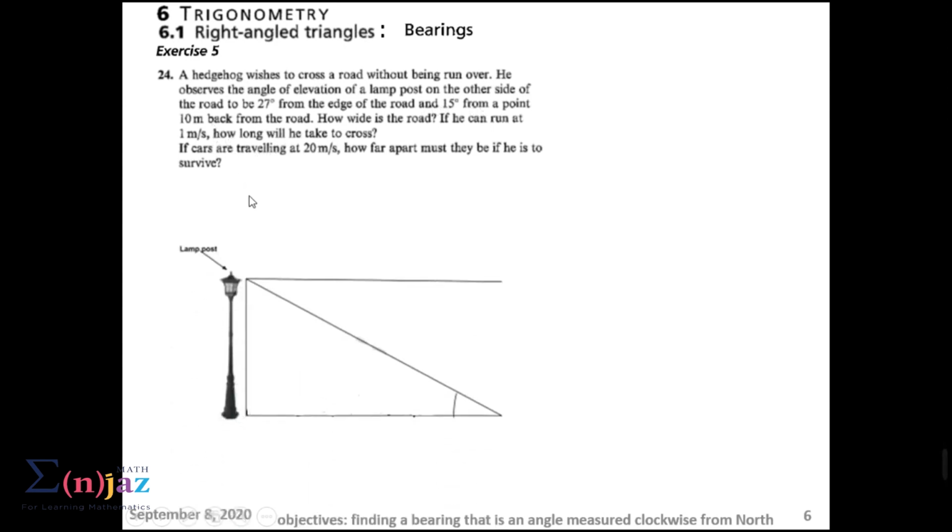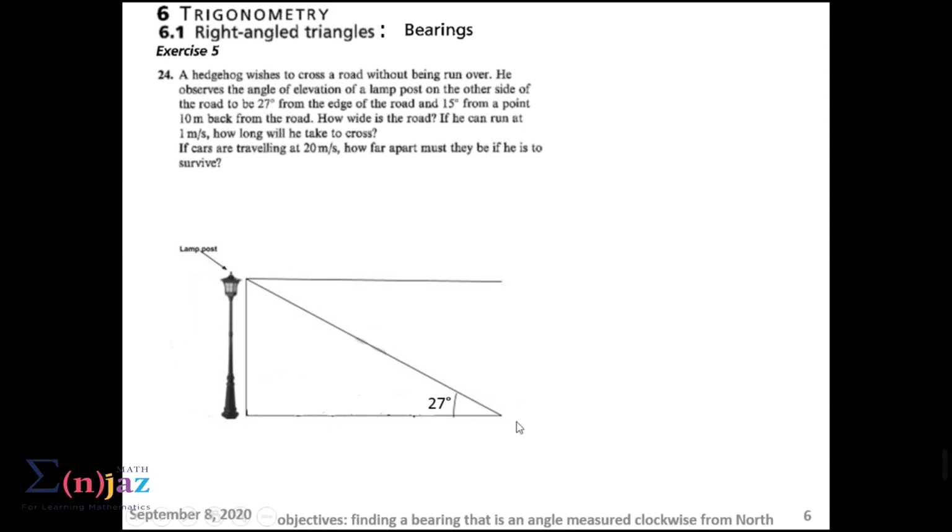So I have a lamp, and if he's standing here, this is the lamp. The angle of elevation here is 27.